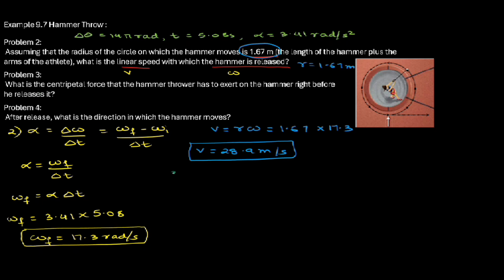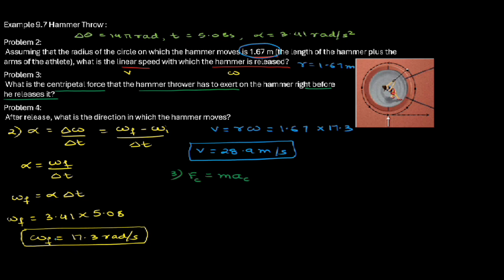In problem 3, they're asking you what is the centripetal force that the hammer thrower has to exert on the hammer right before he releases it. So we need to find the centripetal force Fc. We know centripetal force is given as mass times centripetal acceleration.